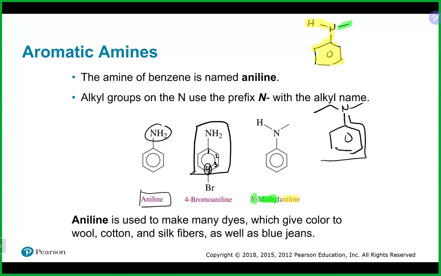this again would be our aniline part. But here again, we have a methyl that's attached to the nitrogen, and that is a 2-carbon ethyl group. And this would be something like N-ethyl-N-methylaniline.